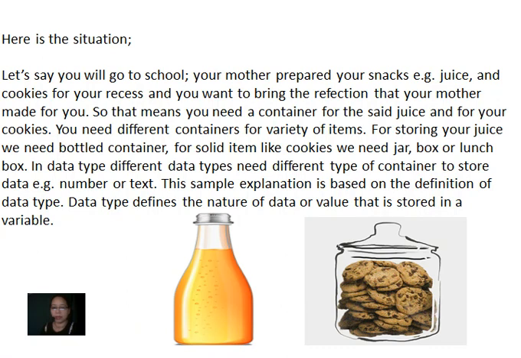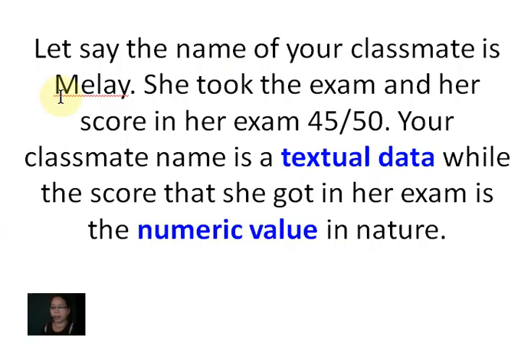Another explanation: who can give or state the name of a person? Let's say the name of your classmate is Melay. She took the exam and her score in her exam is 45/50.